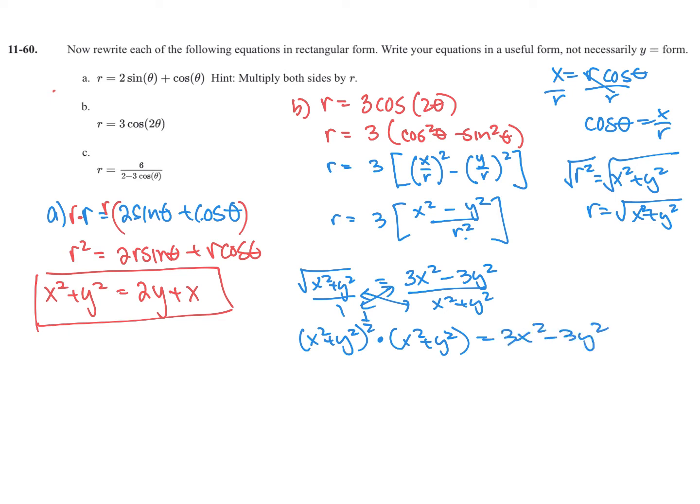And then I want to combine the left-hand side. Those are multiplied, so I add the exponents. Adding the exponents, I have a 1/2 and a 1, so that's 3/2. And that equals 3x squared minus 3y squared.